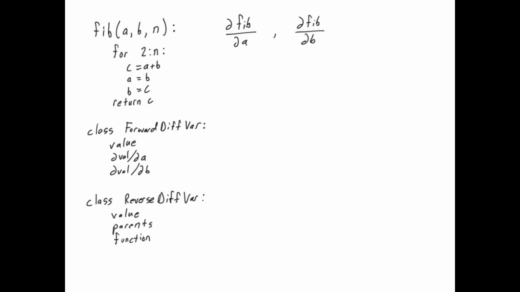The basic reason for this is that forward mode scales in the number of inputs because we have to propagate a partial derivative with respect to each input, and in deep learning we have an enormous number of inputs, namely all of the weight parameters in the network, and so forward mode would get out of hand quickly, whereas reverse mode scales in the number of outputs, which is typically 1, just the network's loss.